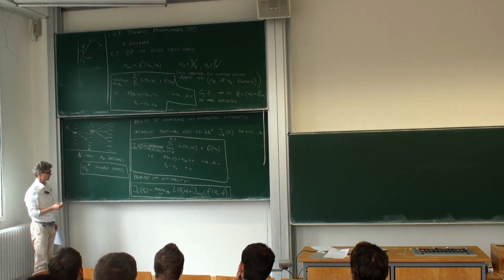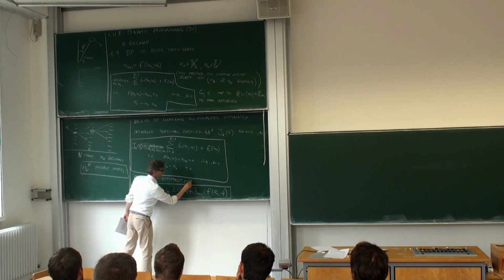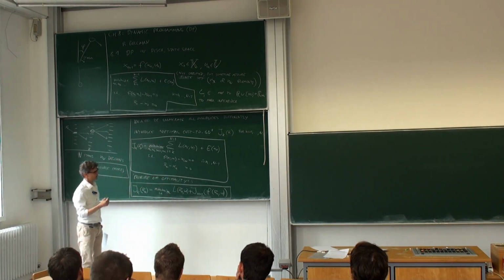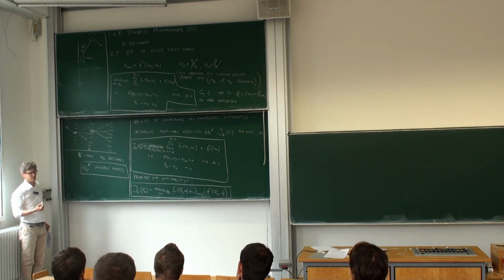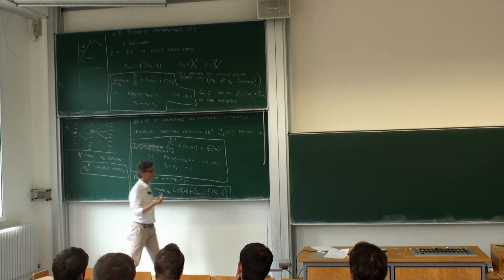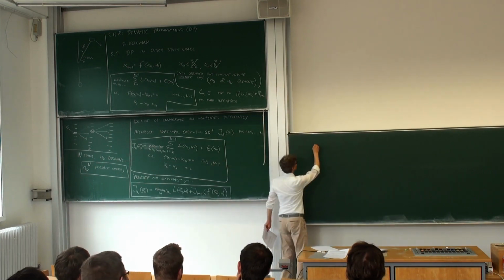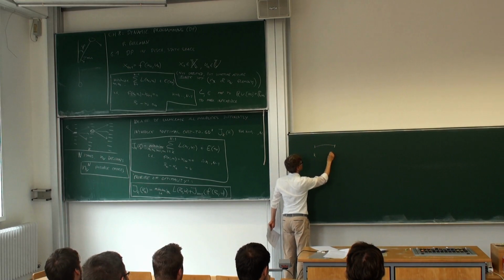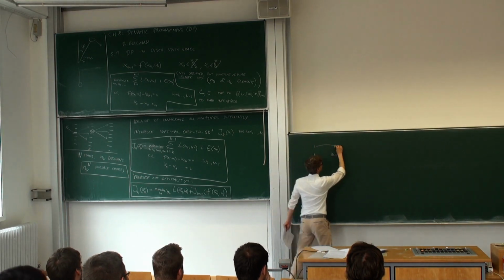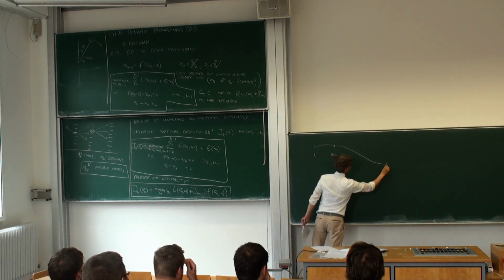So this is what we call the principle of optimality, and I hope that you find it intuitive, but I can also discuss a bit what it roughly means. If you have here k and k plus 1, and then here the end, n.